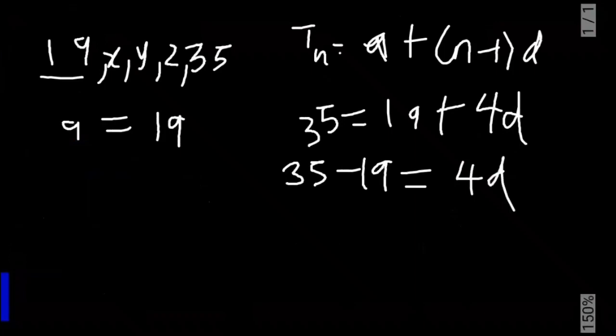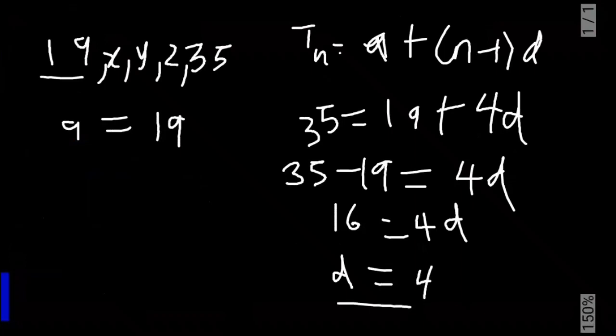And 35 minus 19 is 16. So 16 equal to 4d. Dividing both sides by 4, we have d equal to 4. So this is the common difference between the terms.